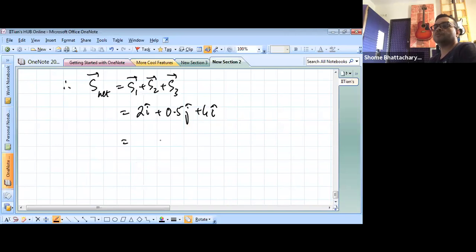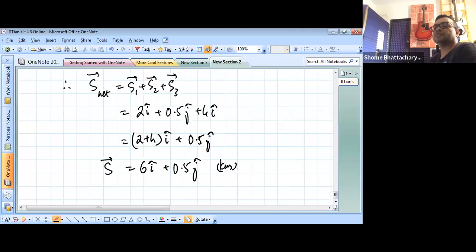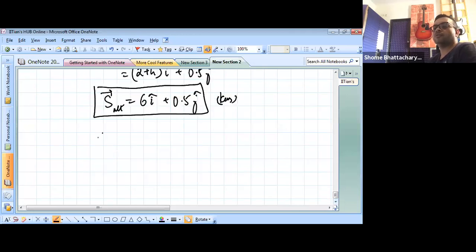So in component form, it will become 2 plus 4, or 6 I cap, plus 0.5 j cap, in kilometers. This is the net displacement written in component form. Now we have to find its magnitude, so we just use the formula of magnitude. It is the square root of the x component square plus the y component square.